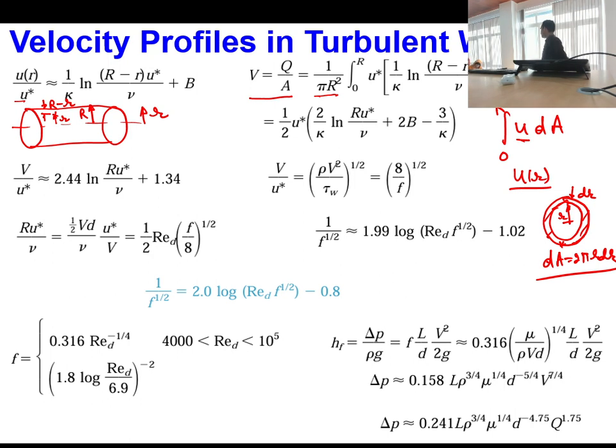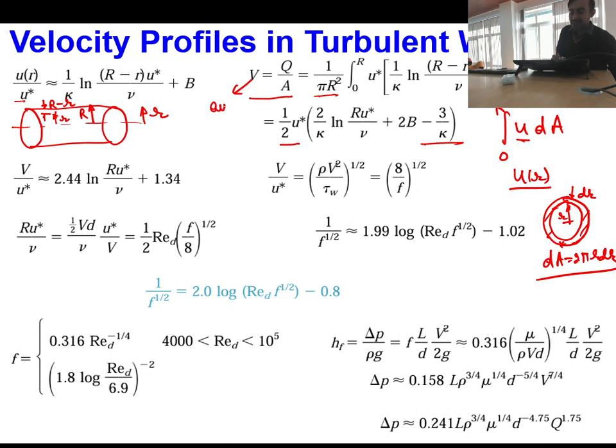Is this point clear? Okay, now if I do this integration and substitute the limits of integration, I will be finding the final formulation as V = (1/2) u* times [(2/k) ln(R u*/ν) + 2B − 3/k]. Okay, so over here, can you tell me what is V?